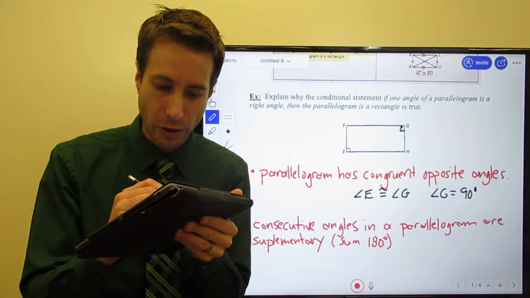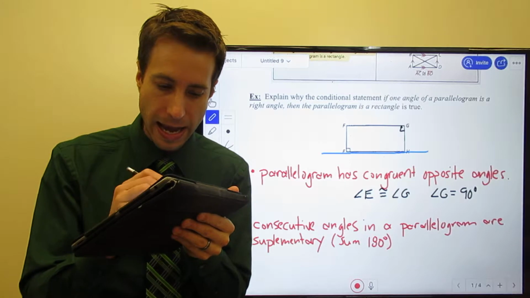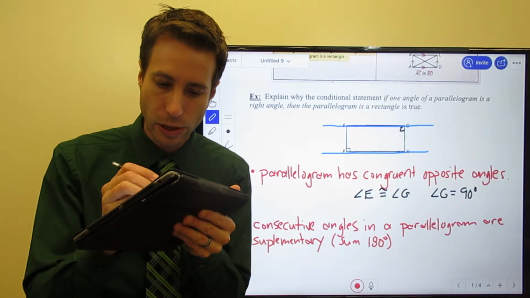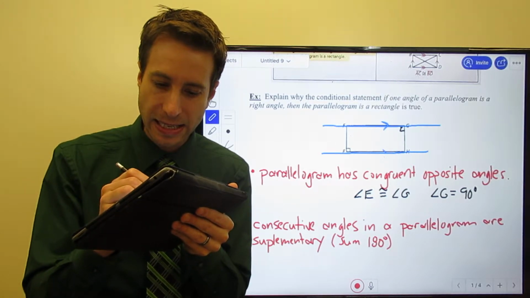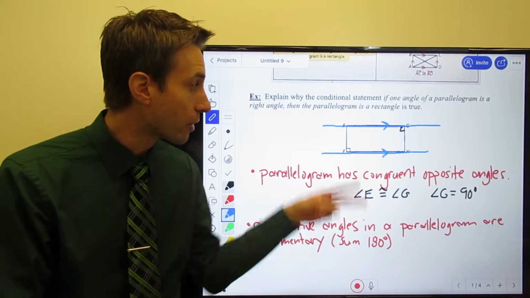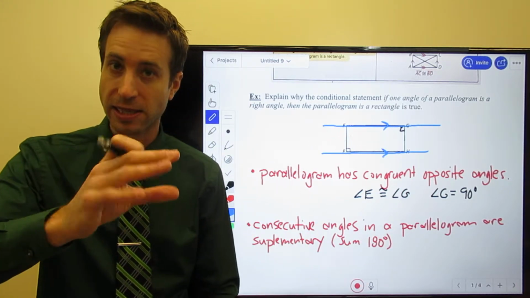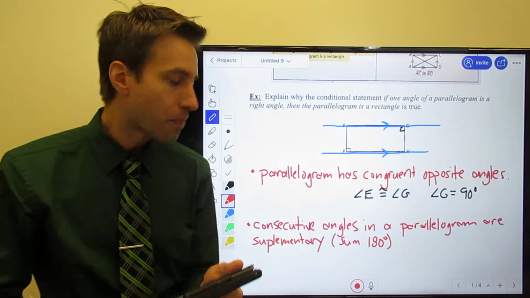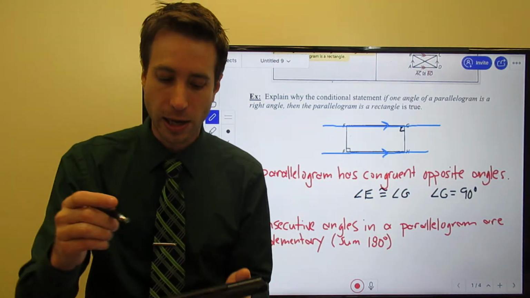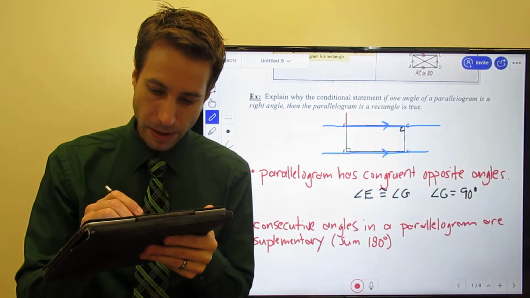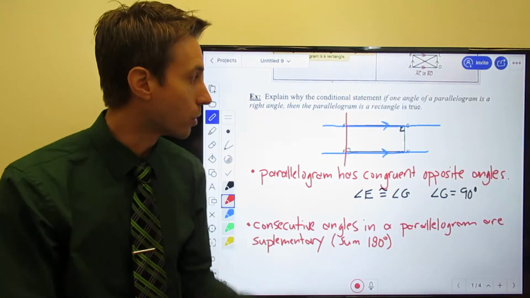It's a parallelogram. So, I have these two lines which, by definition, are parallel. Those lines have to be parallel. It's a parallelogram. Opposite sides are parallel. Well, those two parallel lines are cut by a transversal.